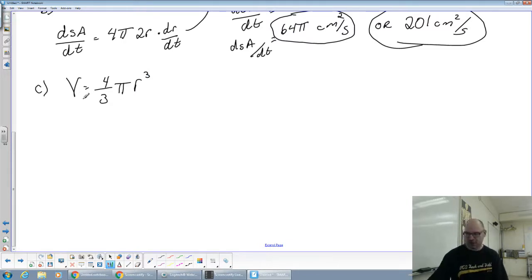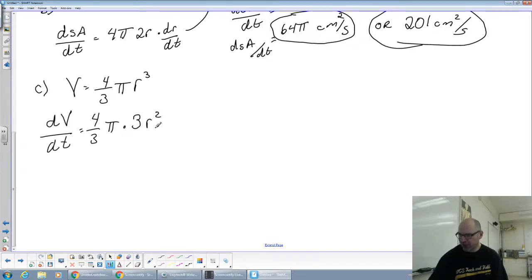Okay, we have to take the derivative of this to get dV/dt. The rate of change of the volume is going to equal, okay, we have to take the derivative. So we have to take 4/3 pi times 3r squared, and then we've got to add in the dr/dt, just like we're doing implicit derivatives, because there's more than one variable here.